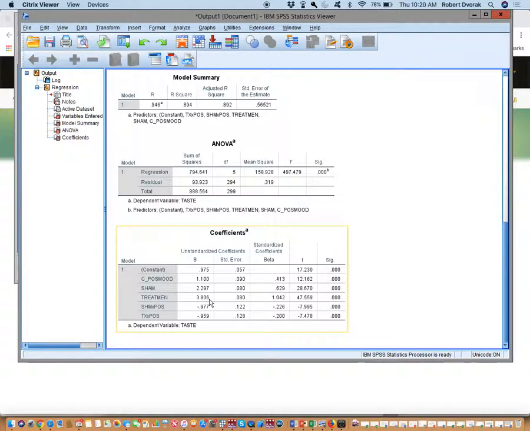What does this mean? That those in the treatment group rate taste significantly higher than control. Perfect. Those in the treatment group also rate taste significantly higher than the control group. So for some reason, this intervention is making things taste better, which is interesting. What does this indicate?